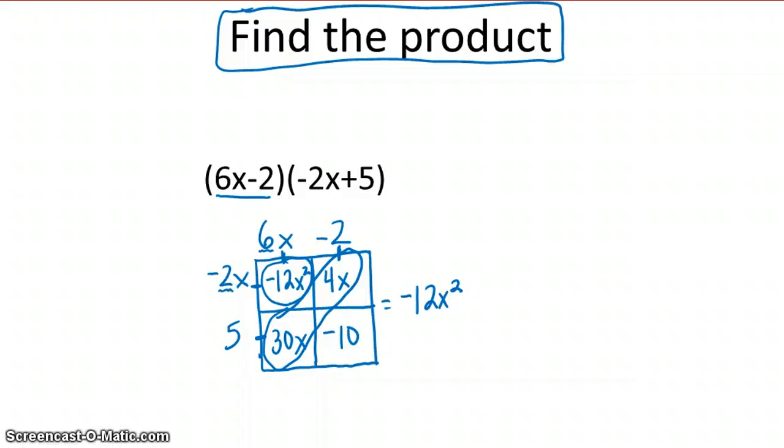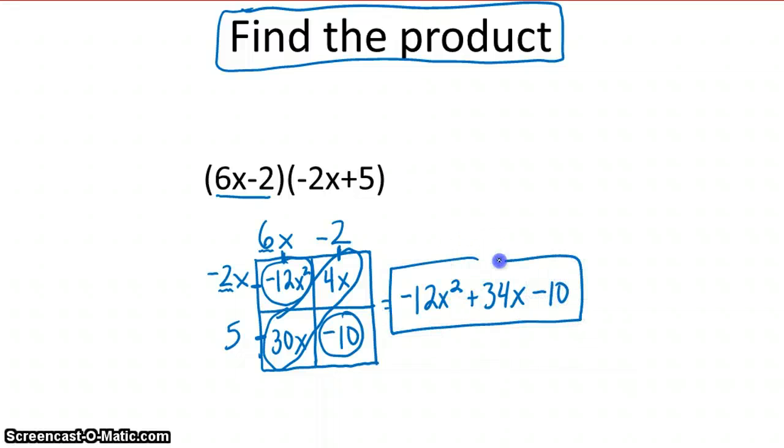And a positive 30x plus a positive 4x, the 30 plus 4 is 34. And then I just keep the x as the like term. And then finally I have a constant of negative 10. So you should have ended up with negative 12x squared plus 34x minus 10. So once again, when we multiply a binomial times a binomial, we get a quadratic as our answer.